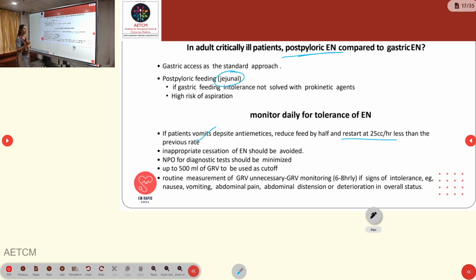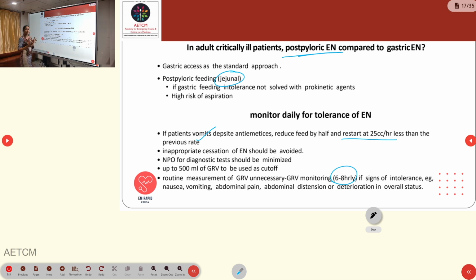And after giving feeds, we will have a tendency to aspirate and see whether any residual feed is coming back or not. That should be monitored only 6 to 8 hourly.